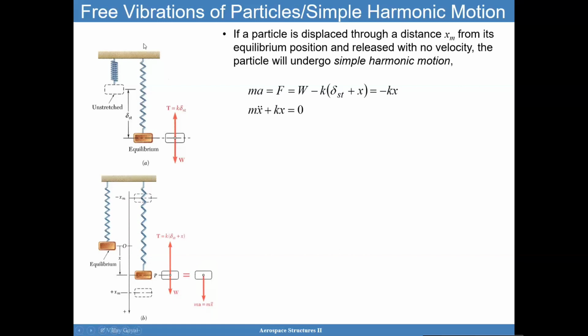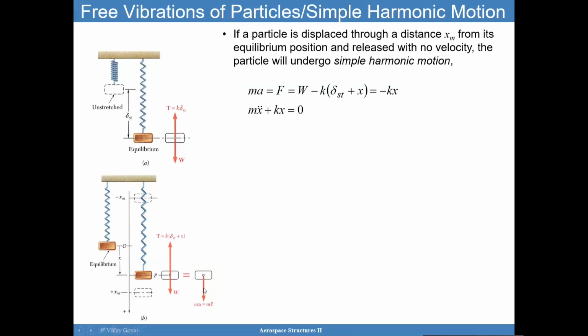And so now let me look at this equilibrium position here. I'm going to call this equilibrium position location 0. And above here is the unstretched position where we started from. Okay. And so if we were to look at the vibration of this problem, notice that from Newton's law, force equals ma.